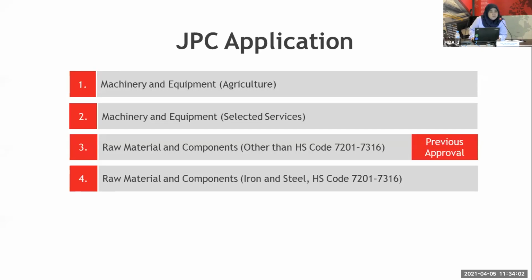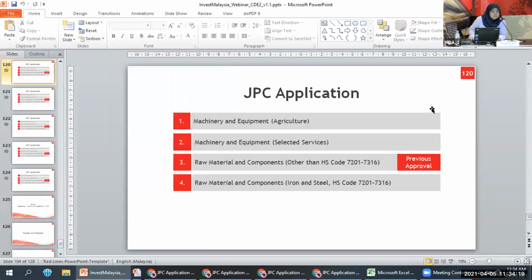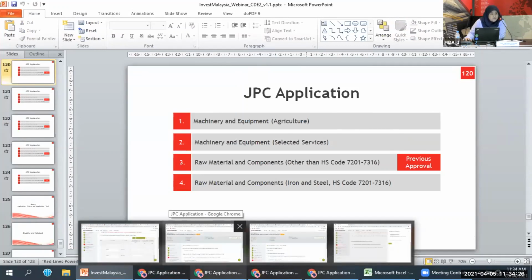Okay, for the previous approval application, as I explained earlier, it is related to your previously approved exemption prior to Invest Malaysia, meaning the exemption that was approved before July 2020.